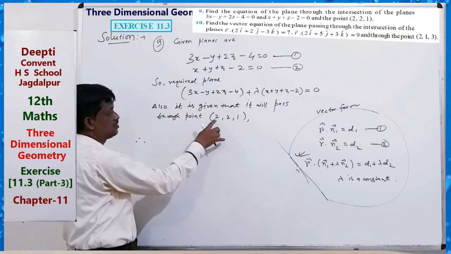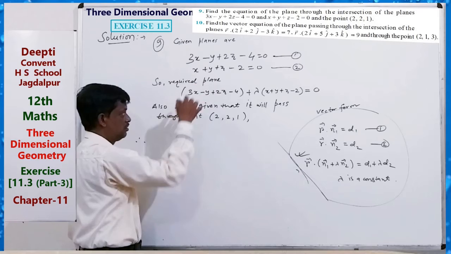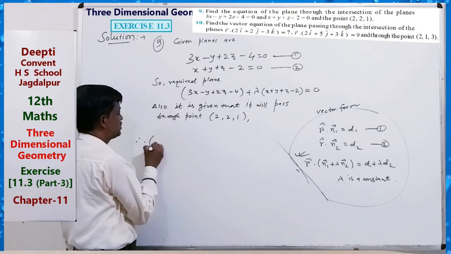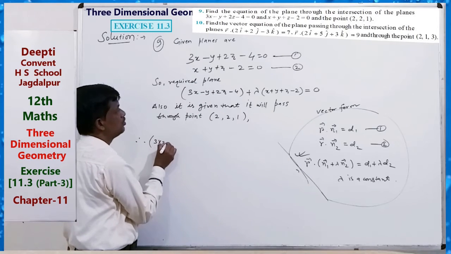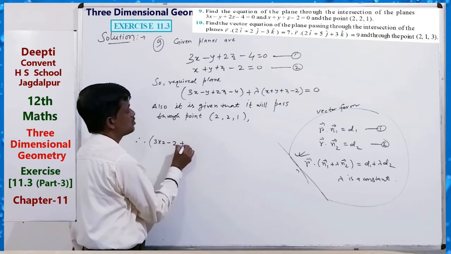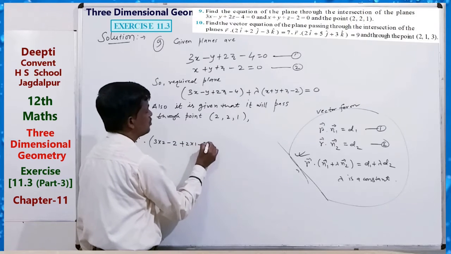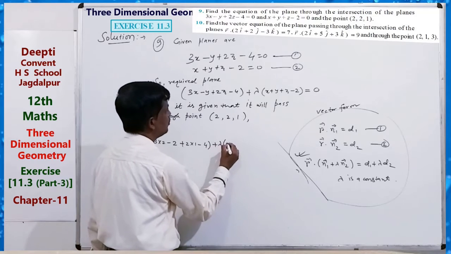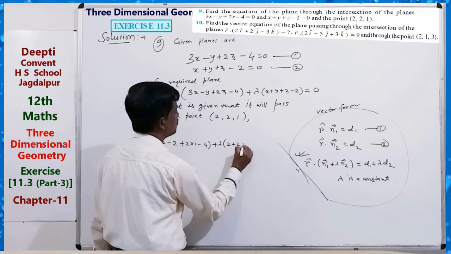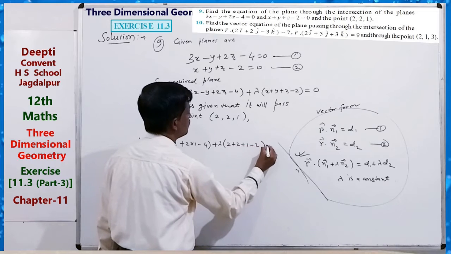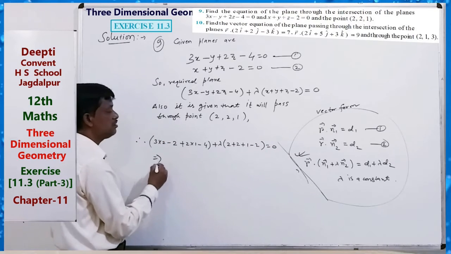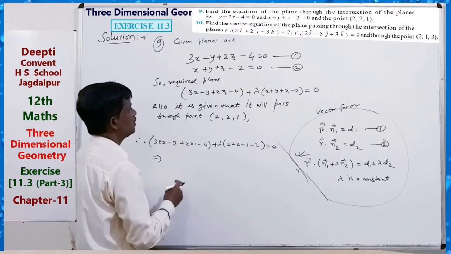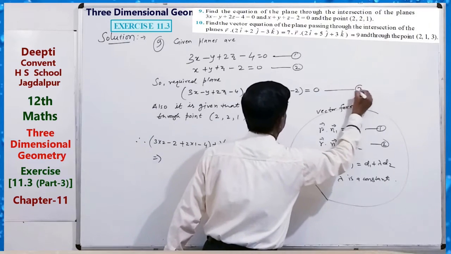Therefore, put x, y, z as 2, 2, 1 here. So 3 into 2 minus 2 plus 2 into 1 minus 4, plus lambda into 2 plus 2 plus 1 minus 2, equals 0. From here we can get the value of lambda. This is equation 3.